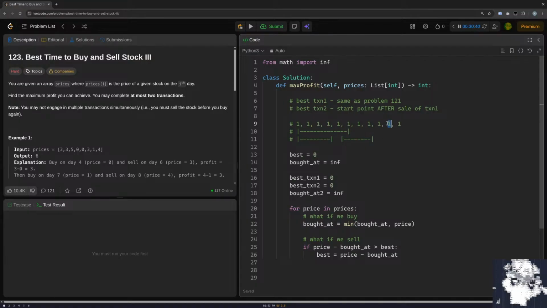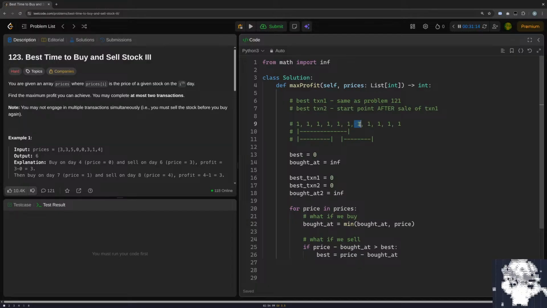We know that it's going to involve using this as your transaction number one, because the best two transactions so far, well, it doesn't necessarily include the best transaction so far, but at a certain time it will, like up to once we're here, when we were here.